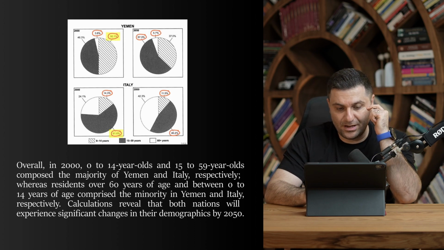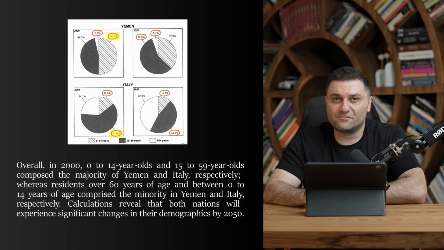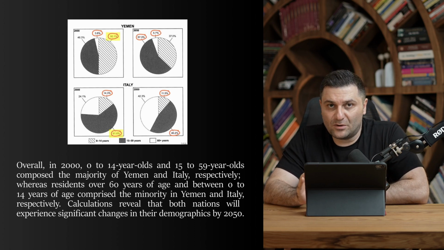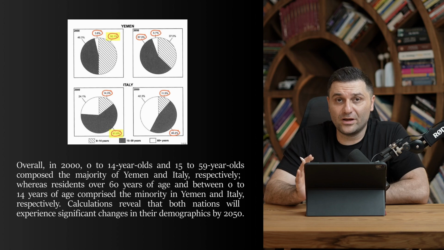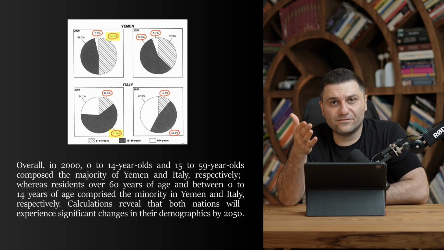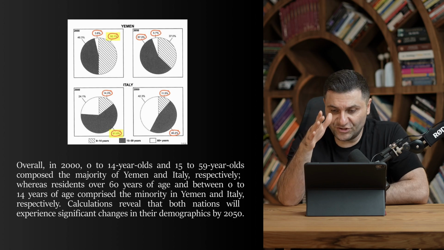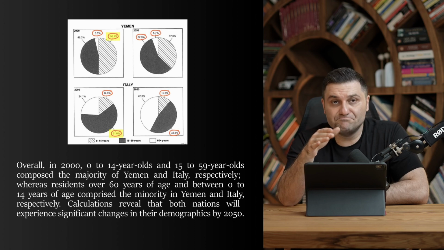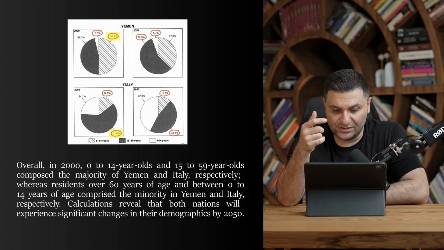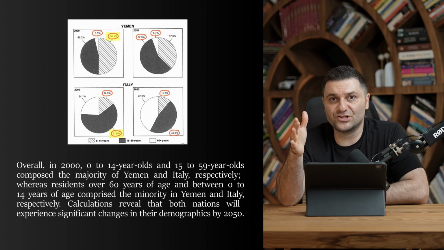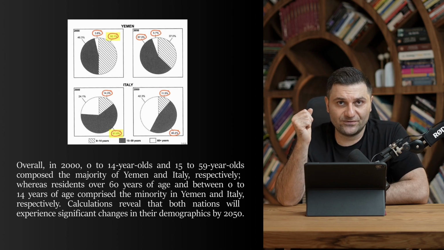Because our previous sentence in the overview paragraph was long enough, I didn't provide any more information about the highest and lowest age groups in both countries. I just mentioned that both nations will experience significant changes by the year 2050.